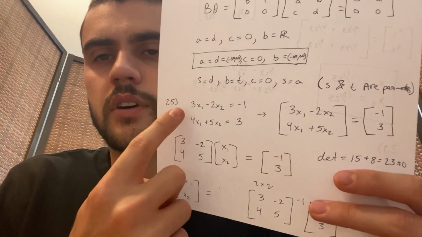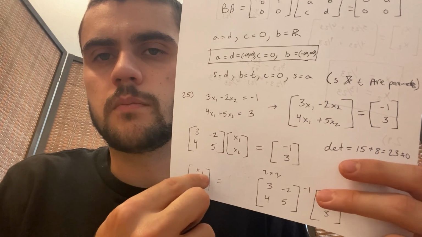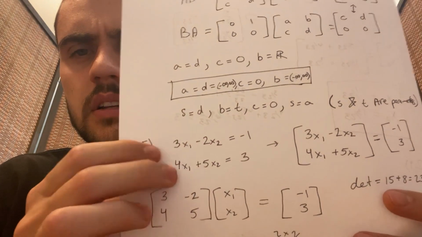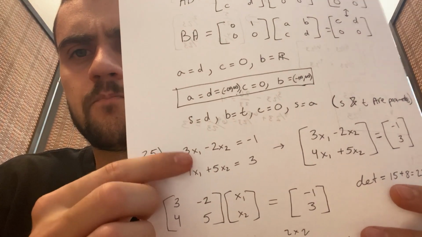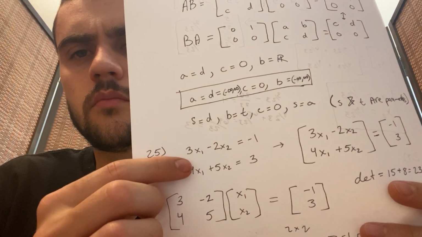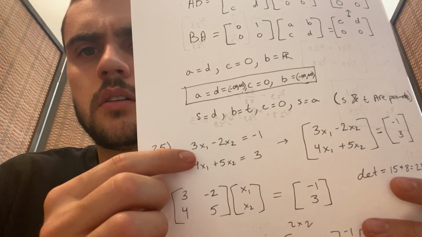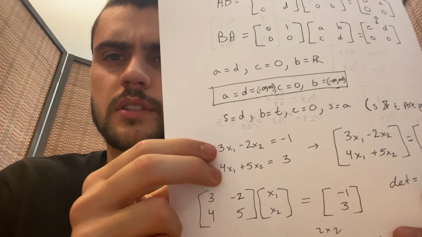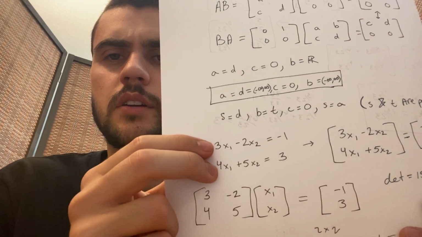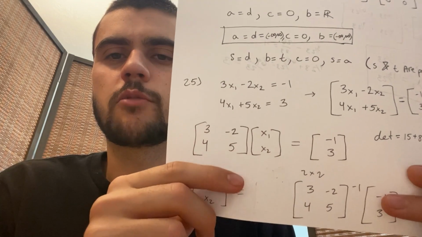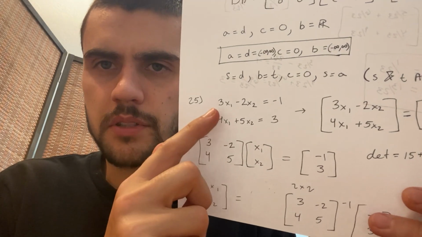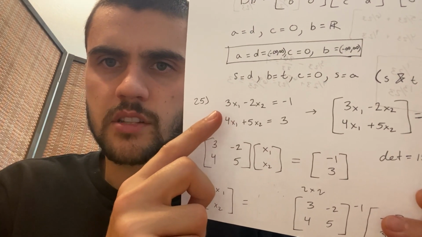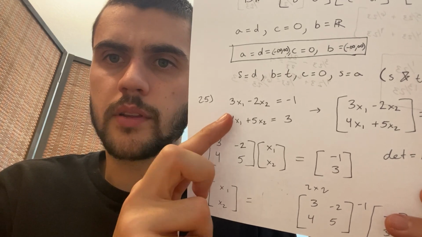Then for 25, we were solving these. We're basically solving this little system of equations. For whatever reason, we want to do this really roundabout matrix inversion way instead of just doing subtraction or substitution or solving with an augmented matrix.